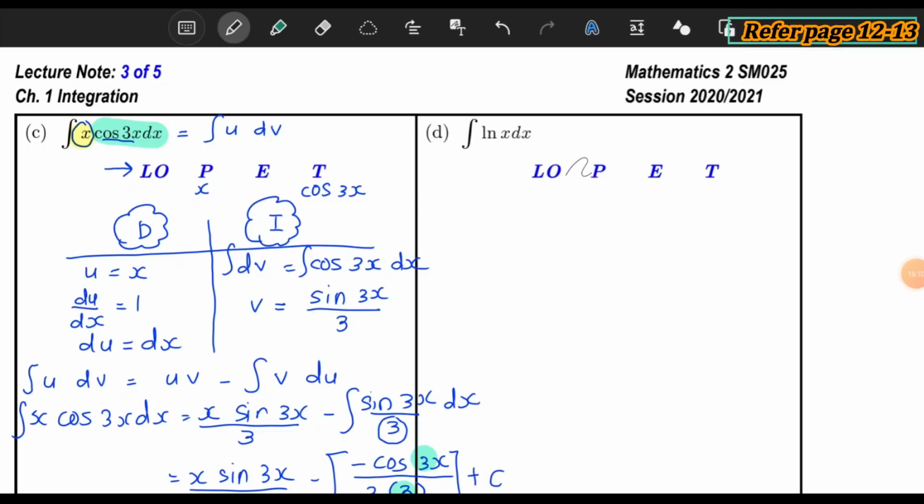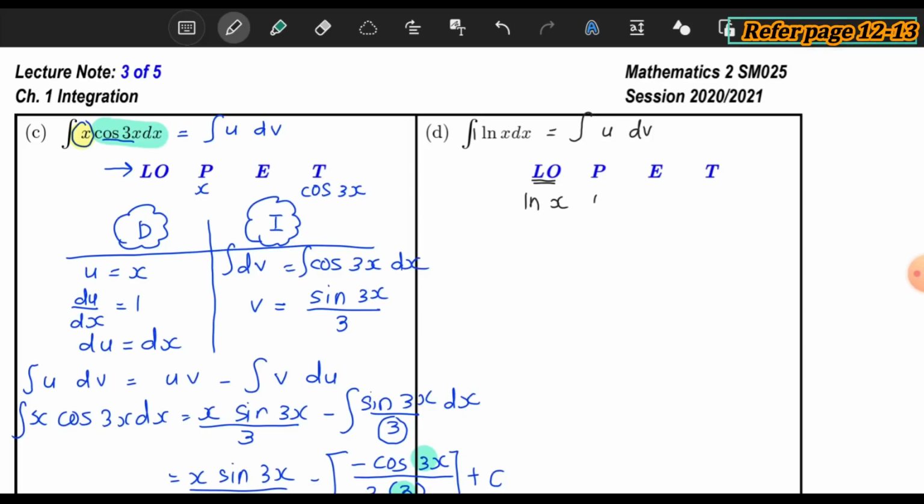Part D. Integrate ln x dx. We compare with integrate u dv. Log function is ln x. And we don't have any other function. But actually, this is equal to ln x times 1 dx. Actually, we have 1 here. And 1 is equal to x power of 0.